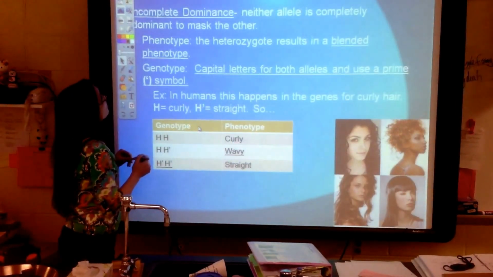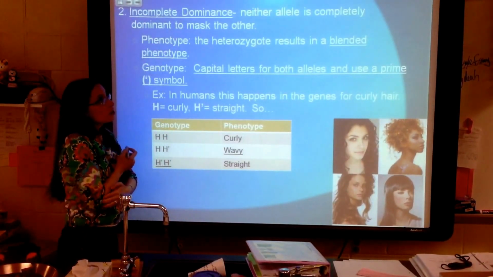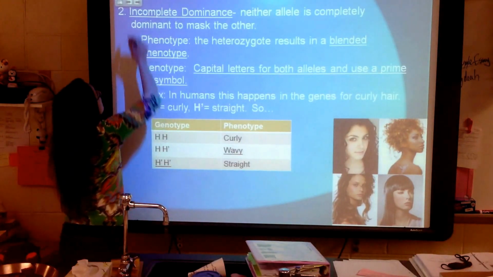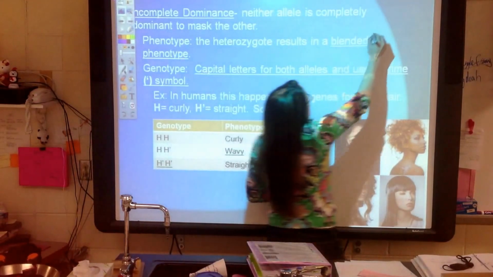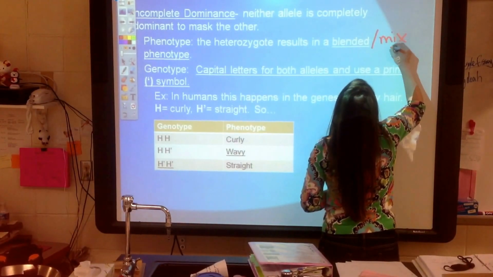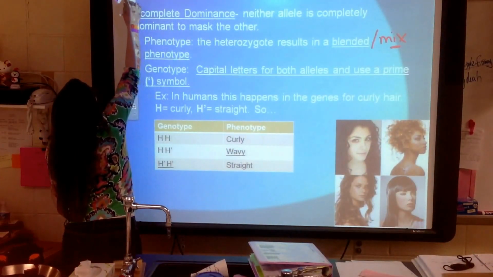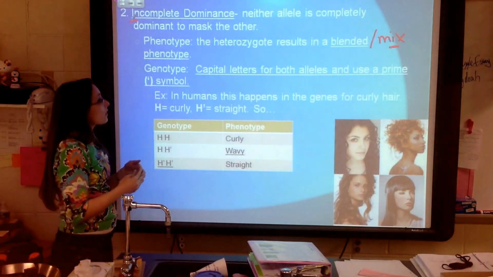The next example is called incomplete dominance, where neither allele is dominant, and they actually blend, or I want to add in the word here, mix. I like the word mix because I see the I in mix, and I see the I in incomplete, and I can match those two together.